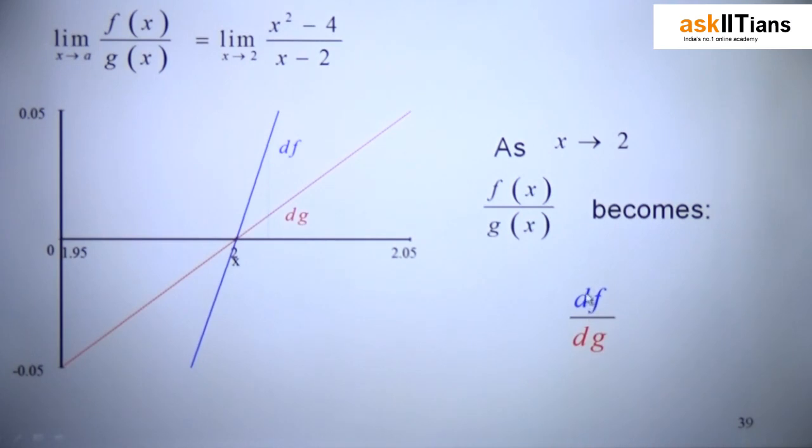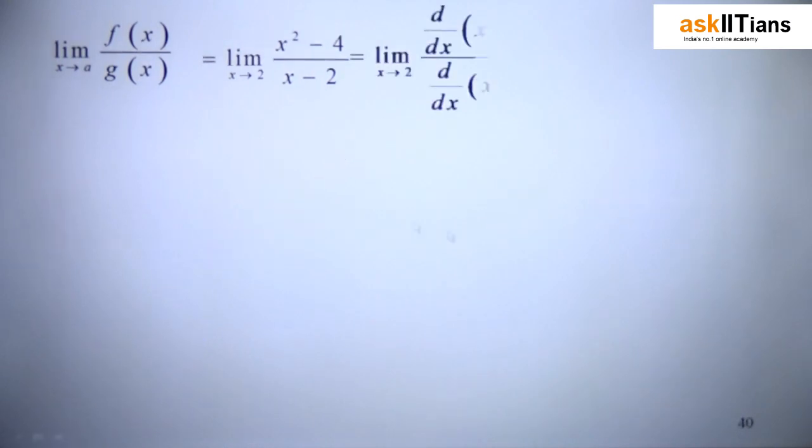So the difference becomes infinitesimal and it will be df by dx. This can also be written as df by dx and dg by dx, and I know that df by dx is the slope of the function and dg by dx is the slope of the tangent.